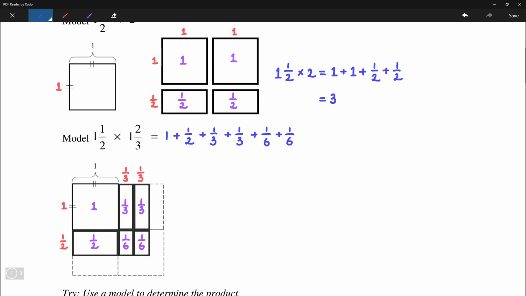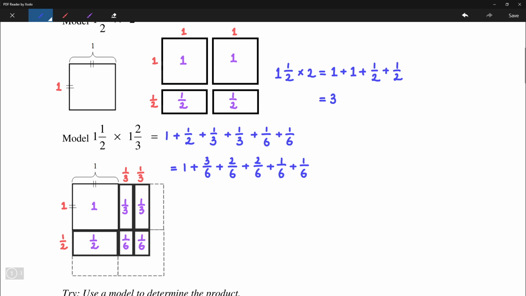Now we will need to add the fractions together using a common denominator of 6. So instead of 1/2, for example, we have 3/6. And of course, the 1/3 would be 2/6. And again, 2/6. And finally, 1/6 here, and another 1/6.